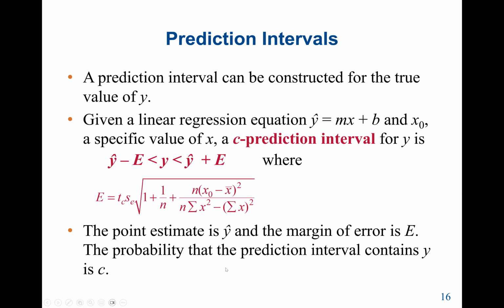The point estimate is Y hat and the margin of error is E. The probability that the prediction interval contains Y is again c.